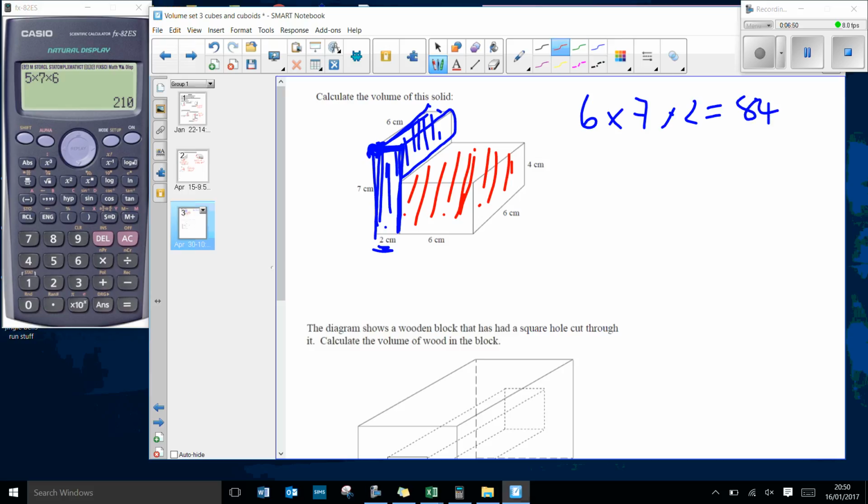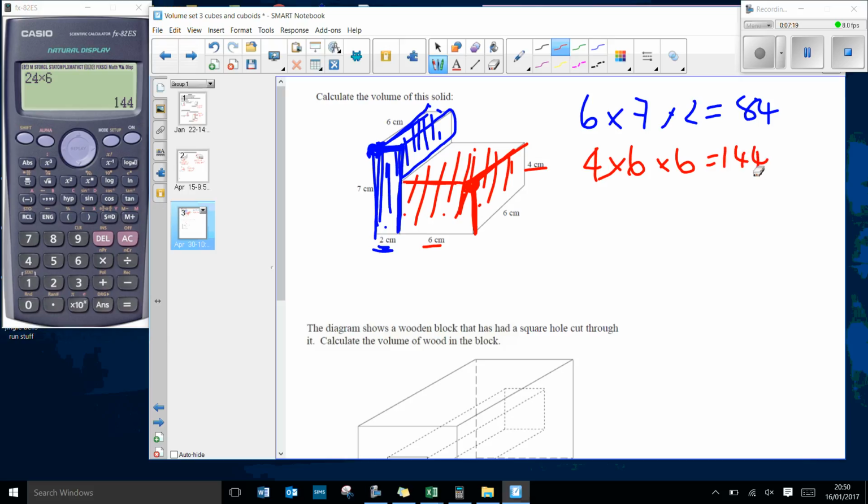And the red, if we focus on this vertex, it would be this measurement here, which is not labelled, but I know is 4. This one, which I know is 6. And this one, which I also know is 6. So 4 times 6 is 24, times 6 is 144.